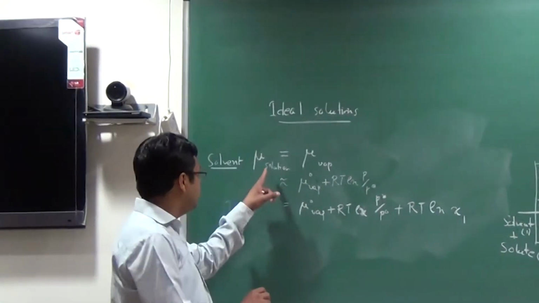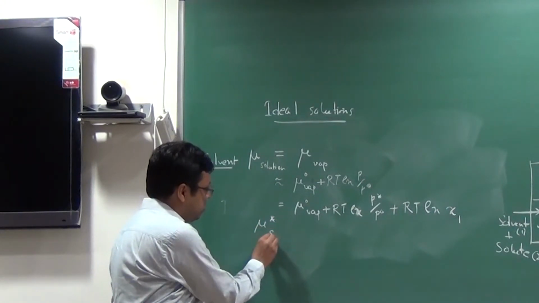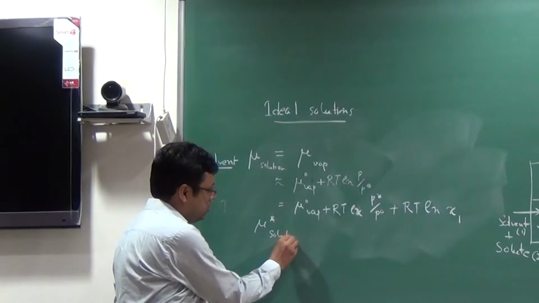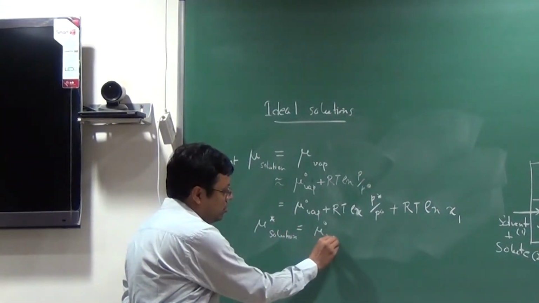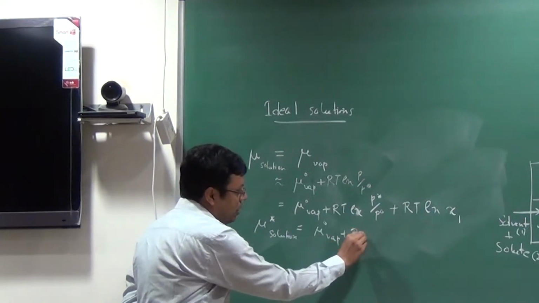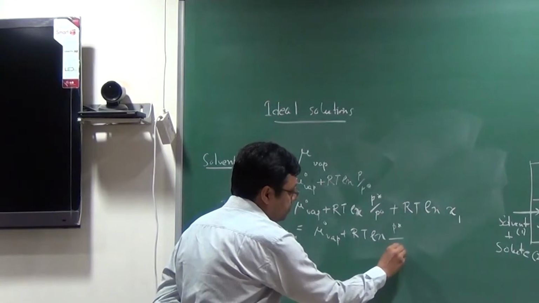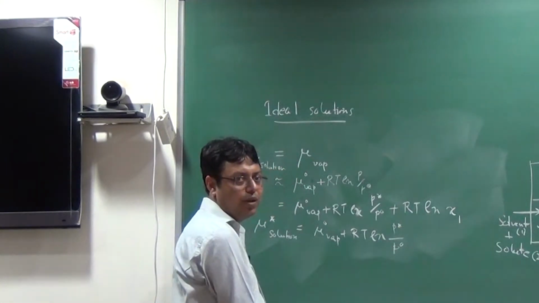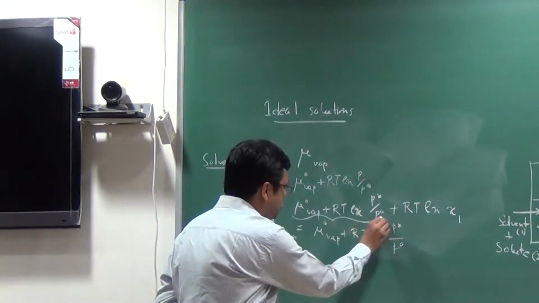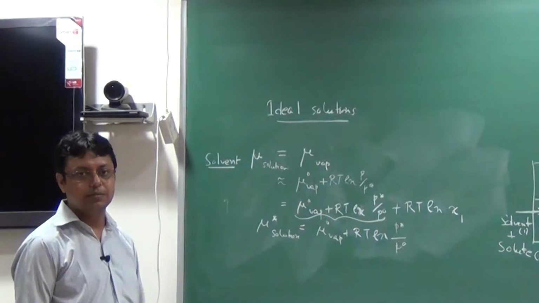In that case, basically mu star solution is nothing but mu 0 vapor plus RT ln P star by P0, right? Plus RT ln x1, but that is 1. So this entire quantity is nothing but mu solution star.